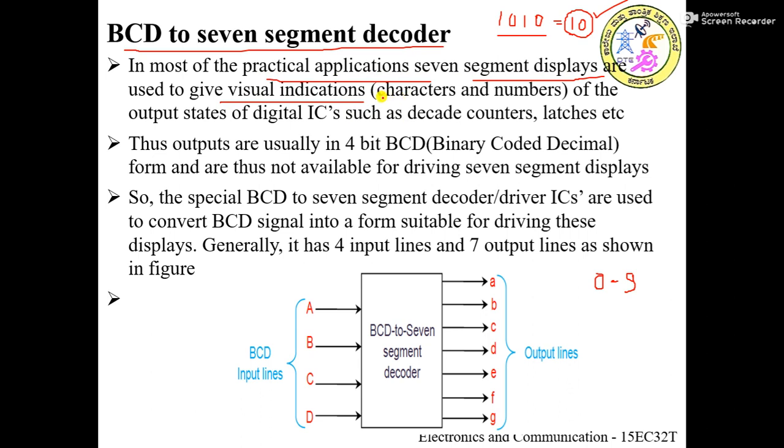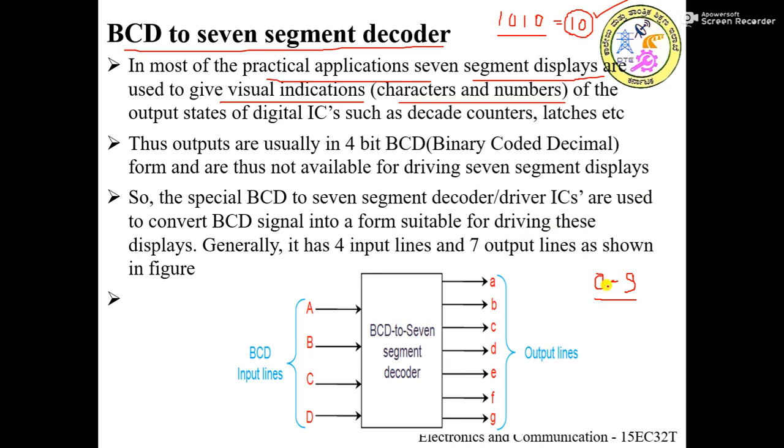With these visual indications you can easily understand, as numbers get displayed. You can display the characters as well as numbers on this display. Numbers we can display from 0 to 9, and you can display the characters from A to F. So alphabets can also be displayed, that is from A to F. In hexadecimal number systems the numbers allowed are from 0 to 15.